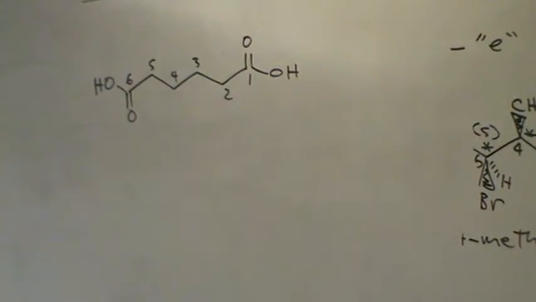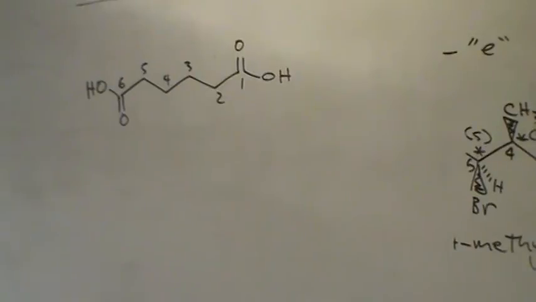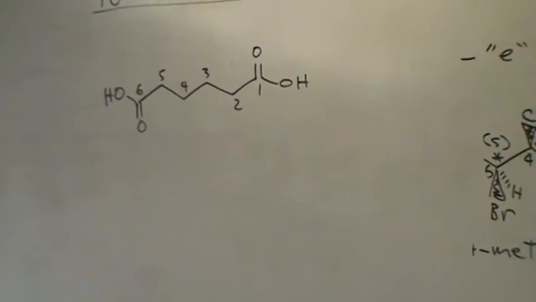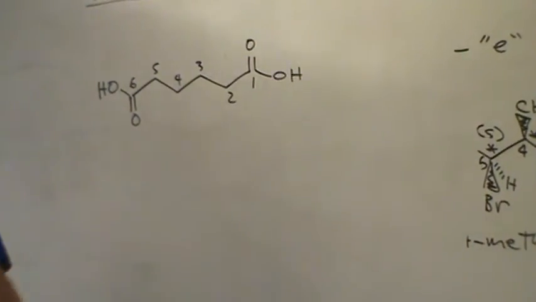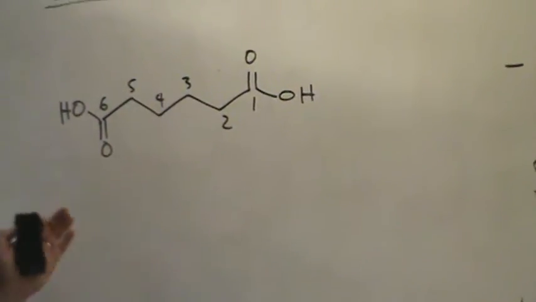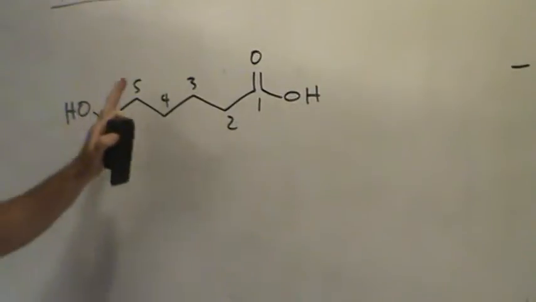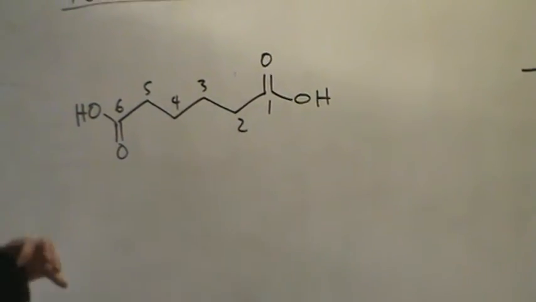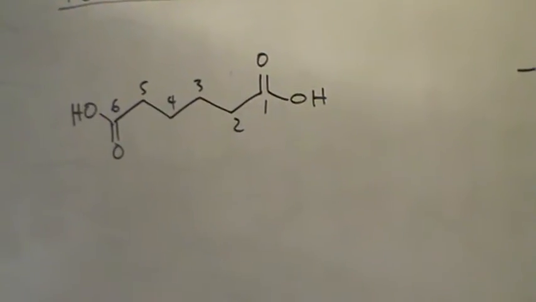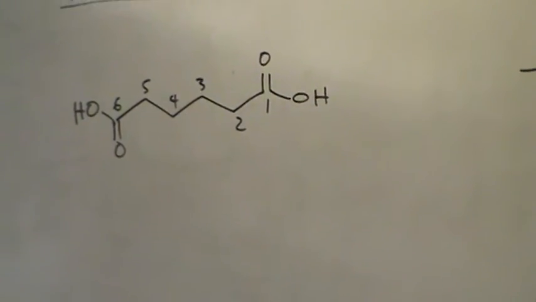Think about that for a second. You can't really call it a hexanoic acid because that doesn't tell you that you've got two carboxylic acids on there. It's a diacid, so the name's going to have some sort of an indication of two acids on there.